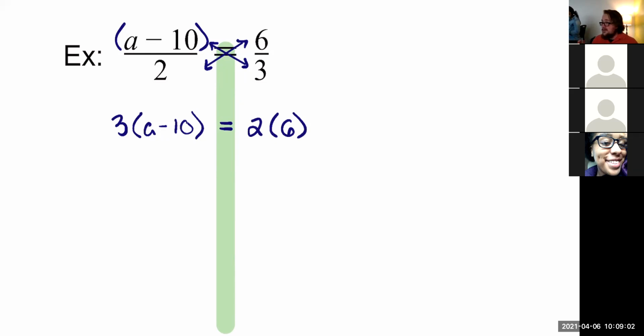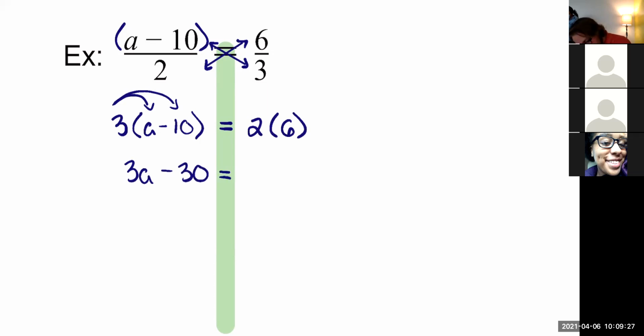And hopefully, what's the first thing that should catch your eye? Parentheses. Technically, I did use them on both sides. We can still use them the same way we use any parentheses. On the left, what am I distributing? 3. So 3 times a is going to give me 3a. 3 times a negative 10 is going to give me a negative 30. Drop my equal sign.